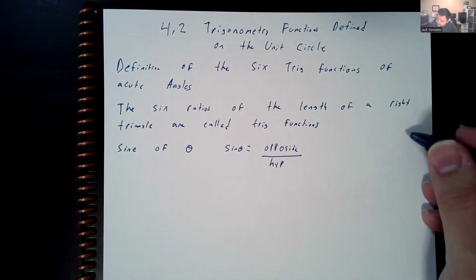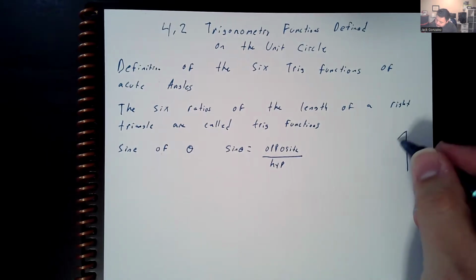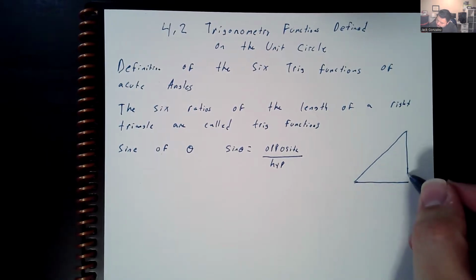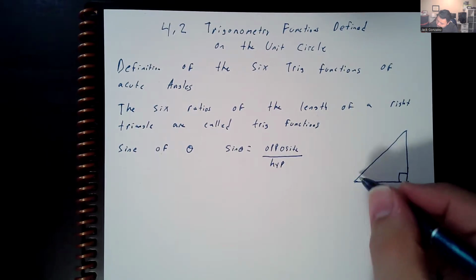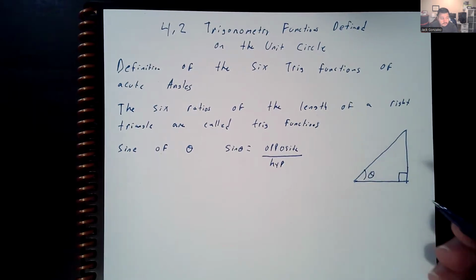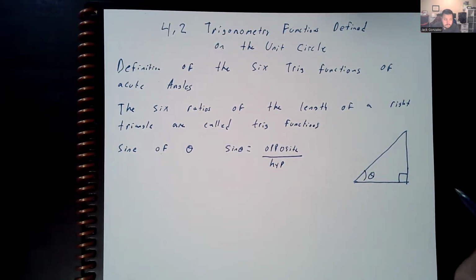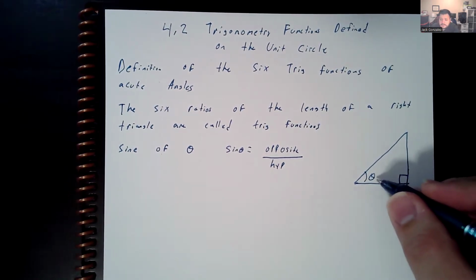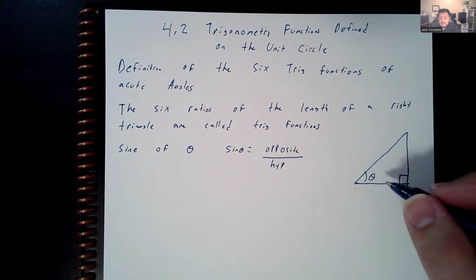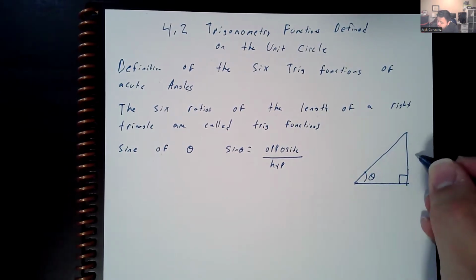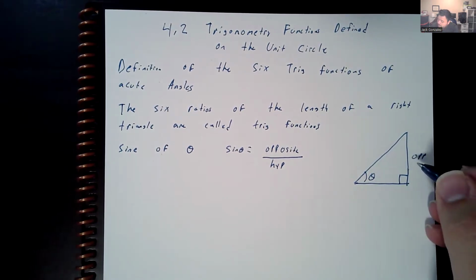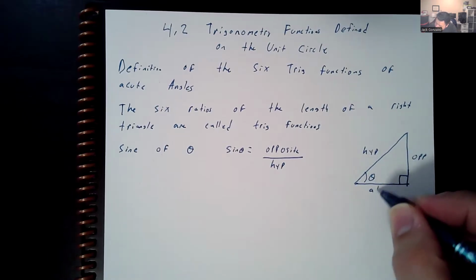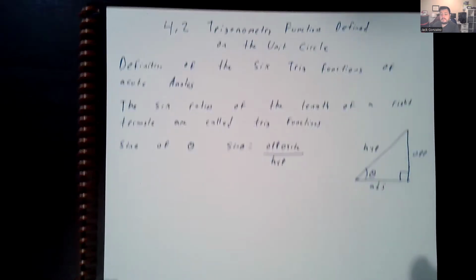I'm going to draw the triangle over here. Right triangle, theta. Whenever we say opposite or adjacent, we mean relative to the angle in question. The sine of theta is opposite, which is over here, over the hypotenuse, which should be clear. Adjacent is right next to the angle.